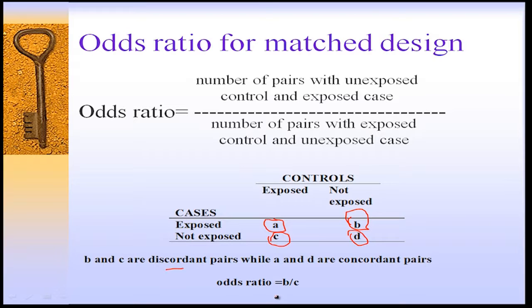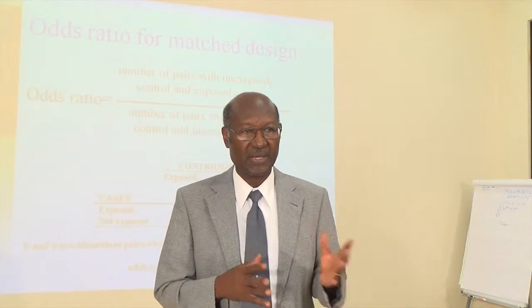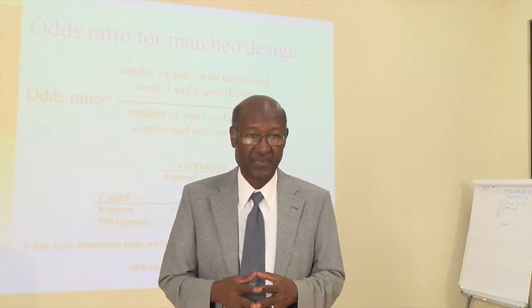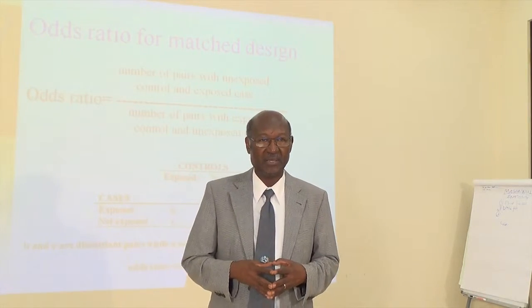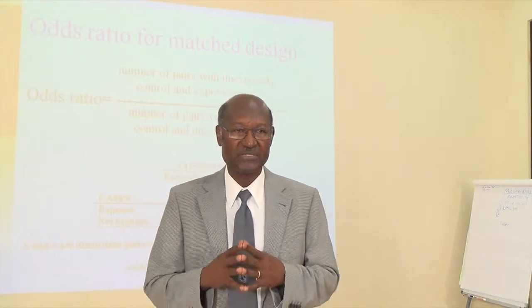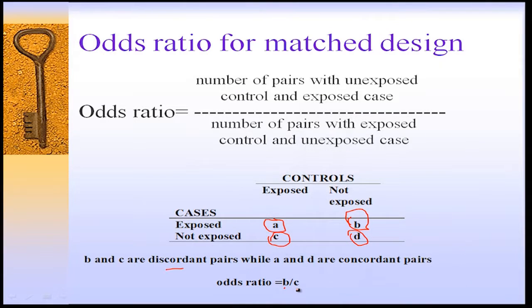However, concordant pairs, A and D, will not be used because they don't give any information regarding etiology of the disease in the cases. So we shall be using the discordant pairs, B and C, and the odds ratio is simply B divided by C.